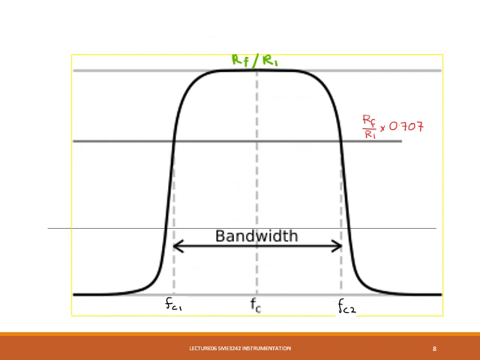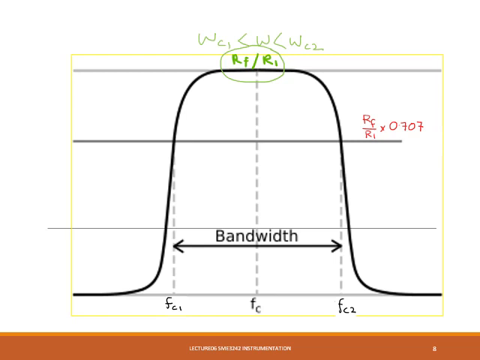Lastly, this is the response for band pass filter, where we can see here when omega is between omega C1 and omega C2, the gain is actually at the overall filter gain, RF over R1.